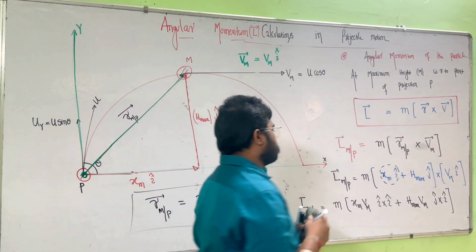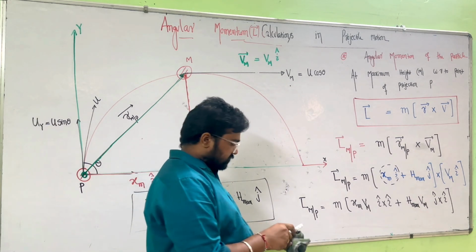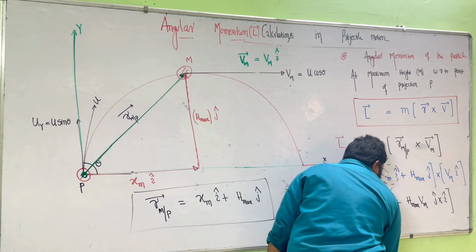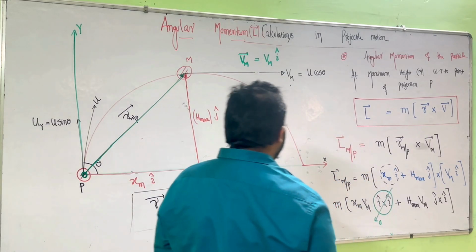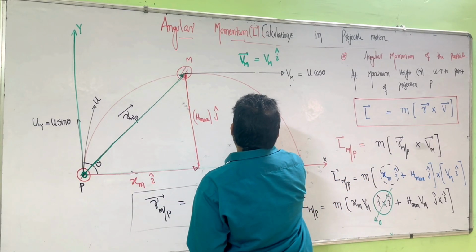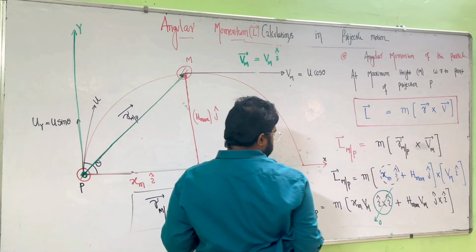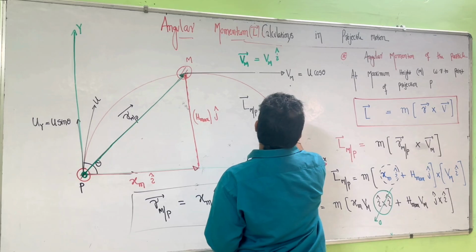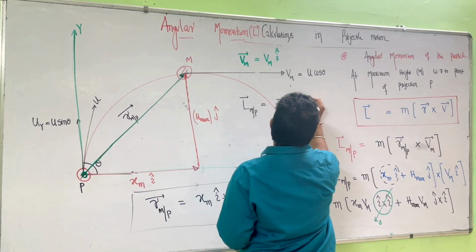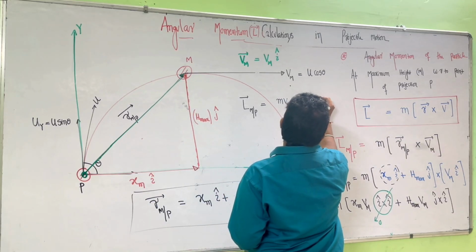Clear? This part becomes 0. Finally, what is obtained? L, position at point M with respect to point P, that equal to M into VM into H maximum into minus K cap.